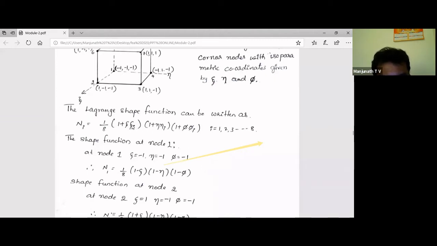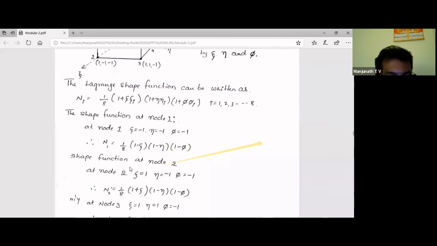Substituting these values, you get N1 equals 1 by 8, (1 minus zeta), because zeta I equals -1 and the plus sign makes it minus. Similarly neta 1 equals -1, so it becomes (1 minus neta). Similarly psi I equals -1 again, so it becomes (1 minus psi). As you substitute all the zeta, neta, psi values in this equation, you get N1, the shape function at node number 1.